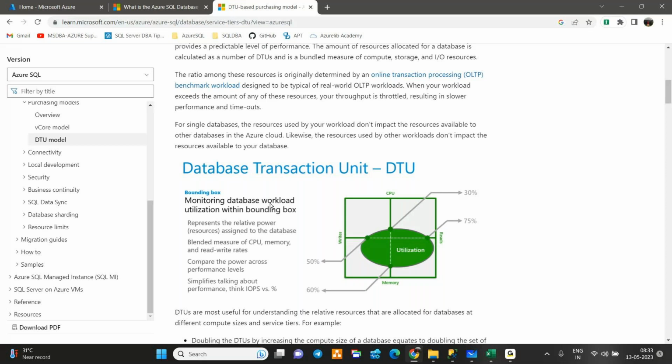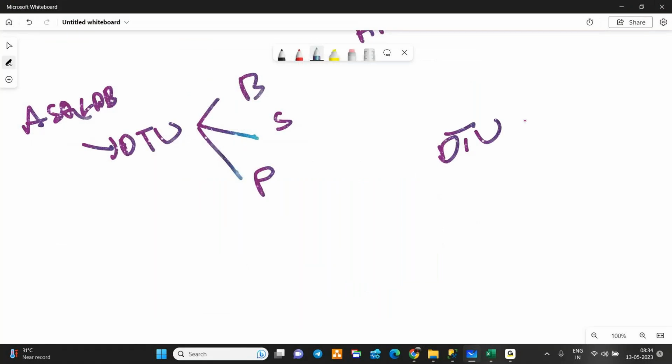DTU stands for Database Transaction Unit. If you choose 5 DTUs, most people will understand that as 5 transactions.